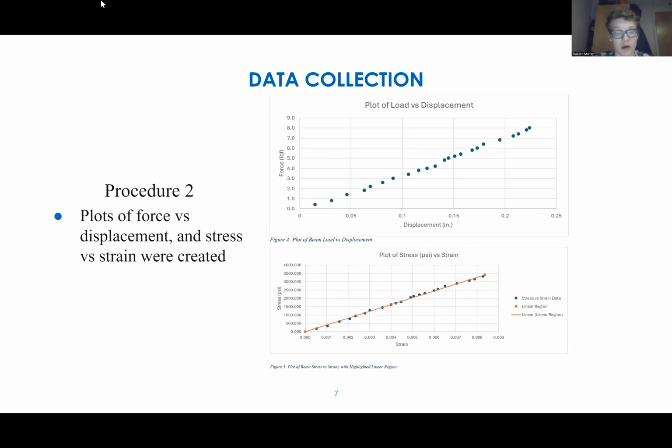Here we have our two graphs plotted out from our two equations. We noted that the data points in our equations were in the elastic region because they were all linear.